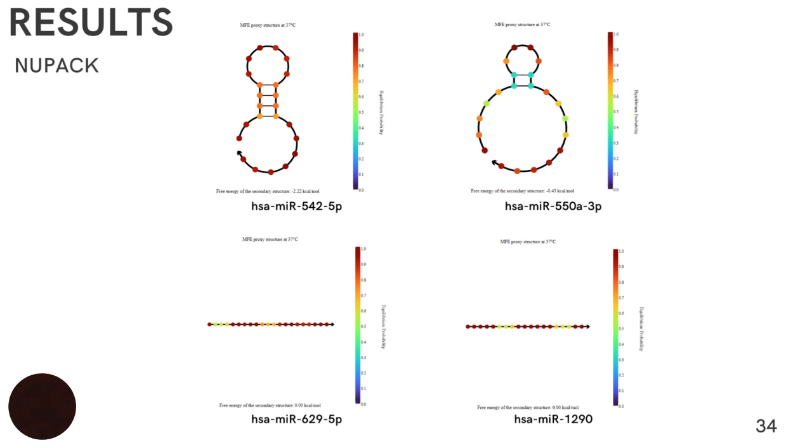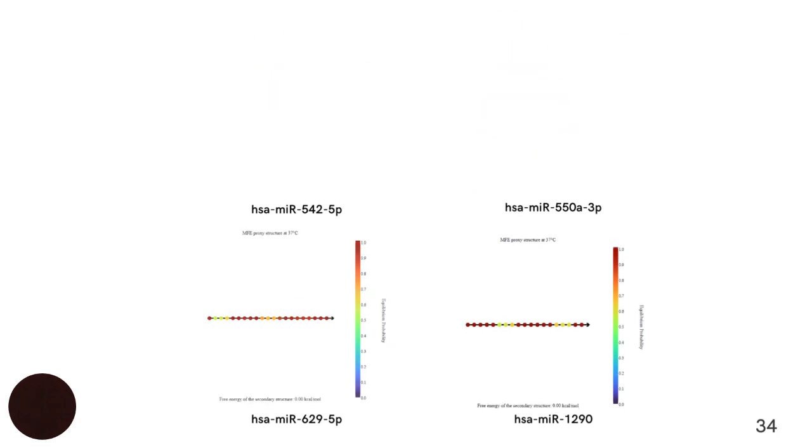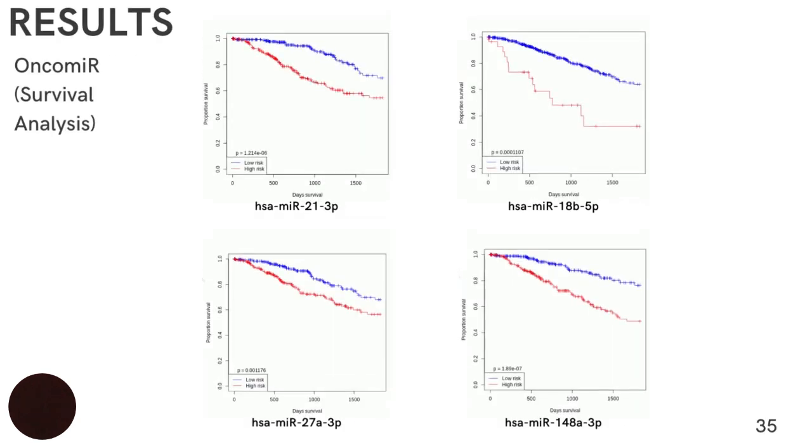After that, to finally determine if the 16 microRNAs that I have are actually correlated with the clinical data that's present in TCGA, for example, I have performed survival analysis, which gives me Kaplan-Meier curves, where the y-axis is proportion of survival, and the x-axis is day survival.